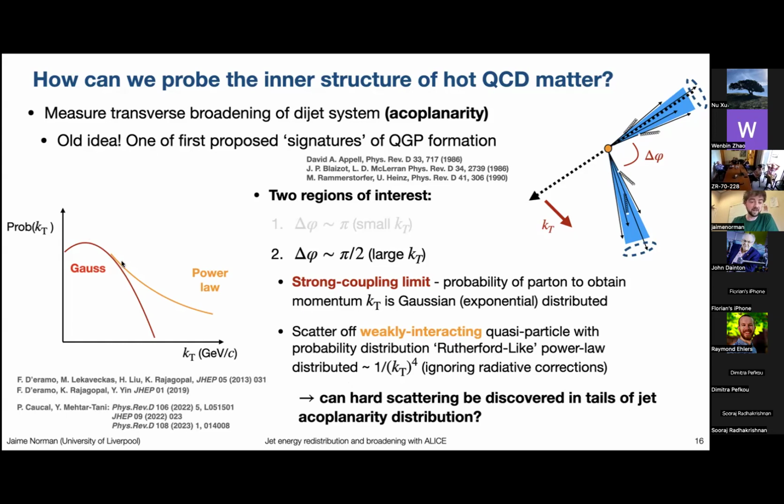So we expect that at large enough KT, these jet scatterings will be dominated by large angle weakly interacting scatters. And so the question is, can hard scattering be discovered in the tails of the jet acoplanarity distribution?